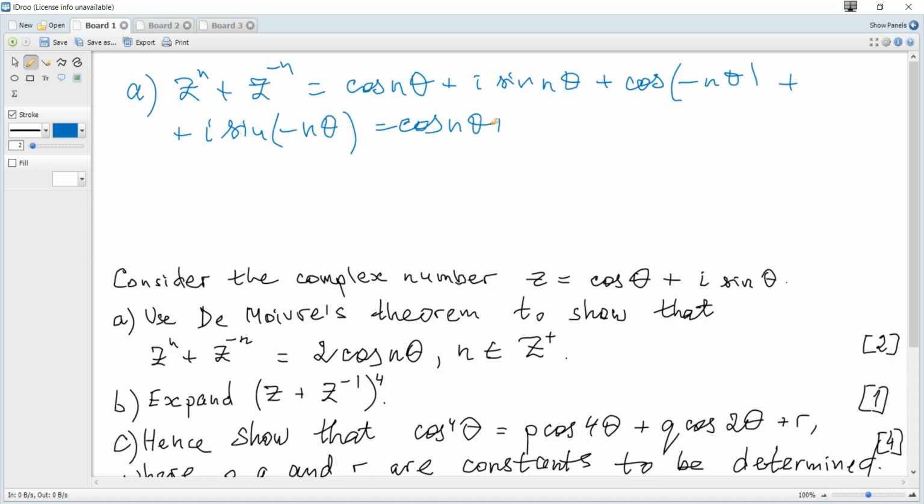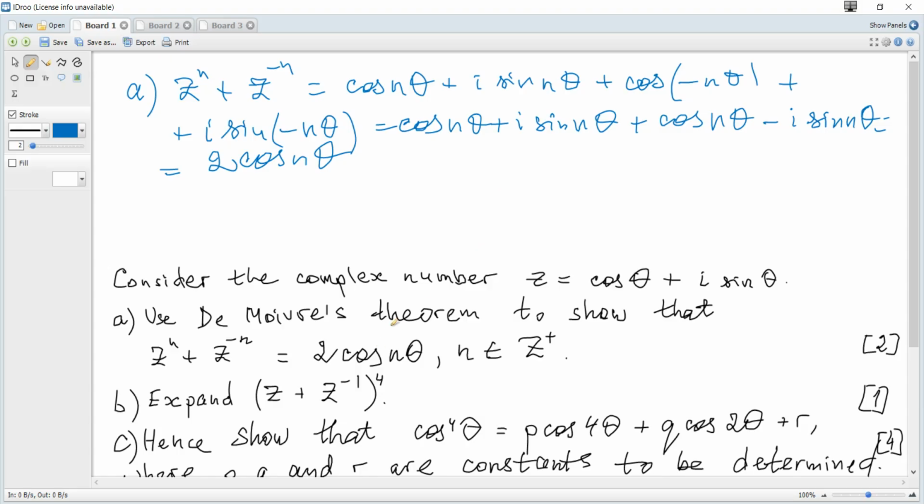But cosine is an even function: cosine of negative x is equal to cosine of x, so it's just cosine of n theta. But sine is an odd function: sine of negative x is negative sine of x, so it's minus i sine of n theta.